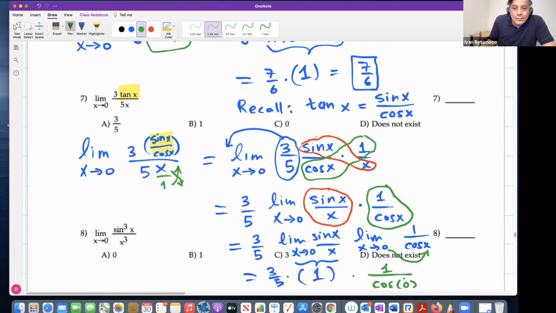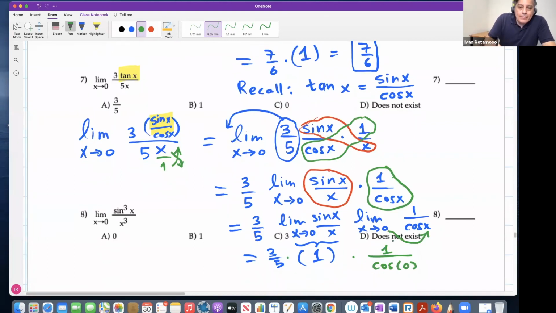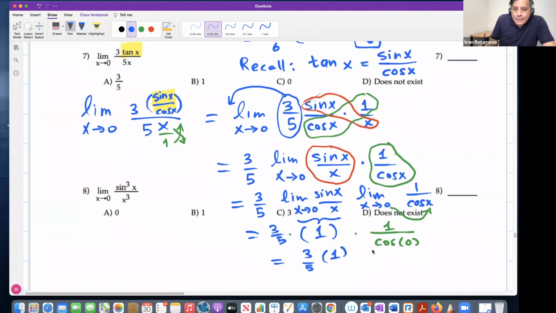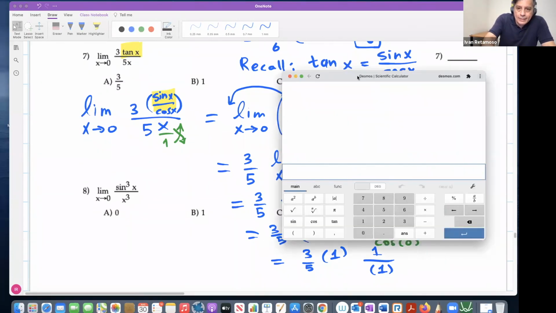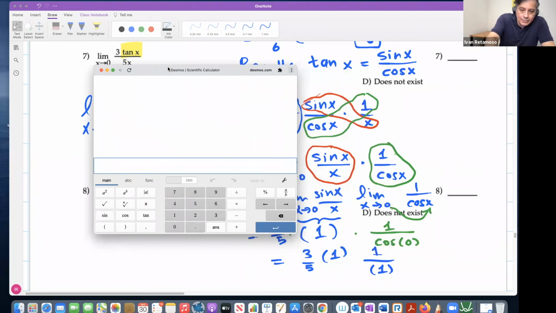Now, cosine of 0 is just equal to 1. Isn't it 0? Turns out it's 1. I will show you. If you forget the fact that cosine of 0 is 1, you can always calculate it in your Desmos scientific calculator or any scientific calculator. Cosine of 0 is 1, right? To play safe, always make sure that you're working in radians. Cosine of 0 is 1.